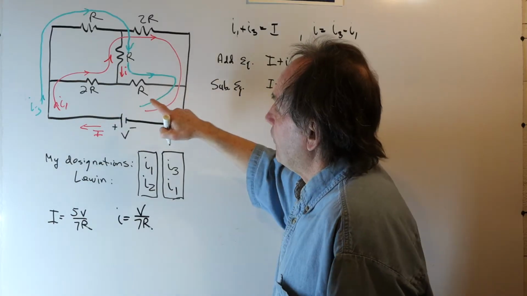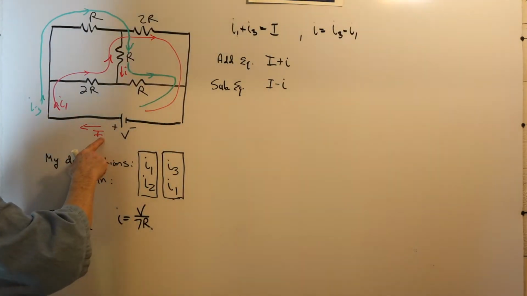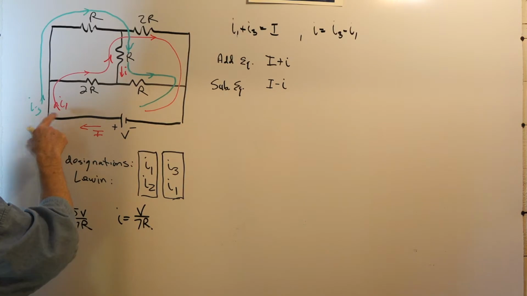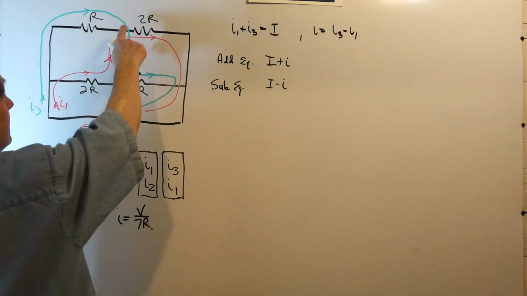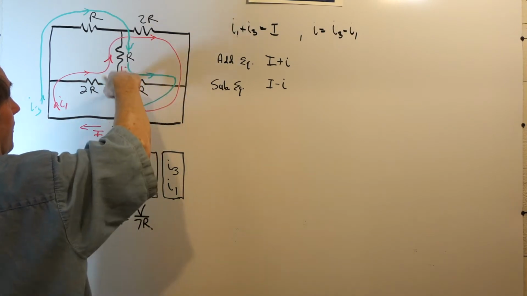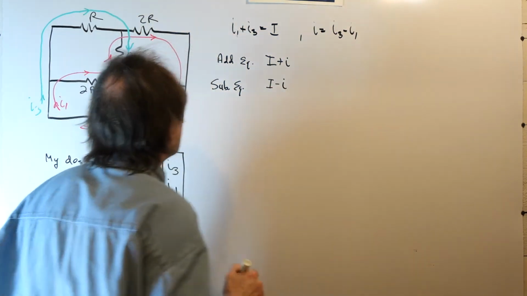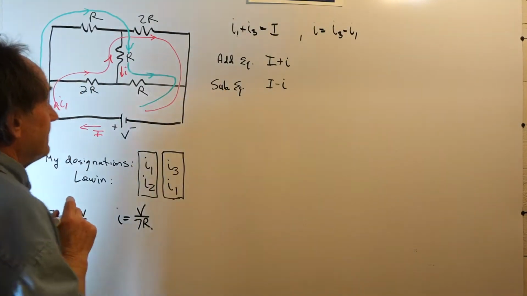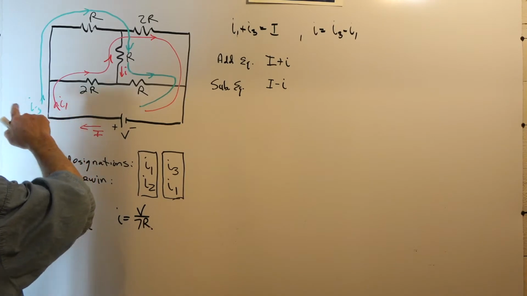Well, let's solve for the loop currents. We know that capital I is the sum of I1 and I3. That's what I have here. And small i is going down, so that's I3 minus I1. Now let's add and subtract the equations, since we want to solve for I1 and I3.